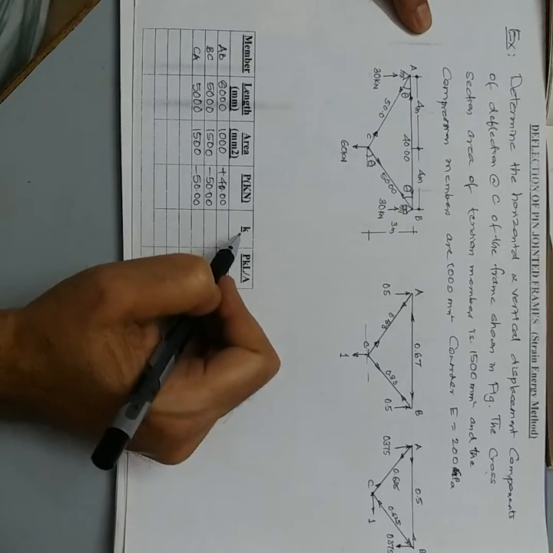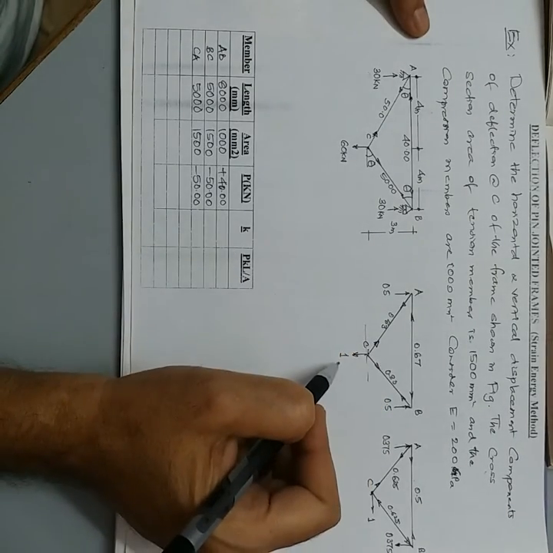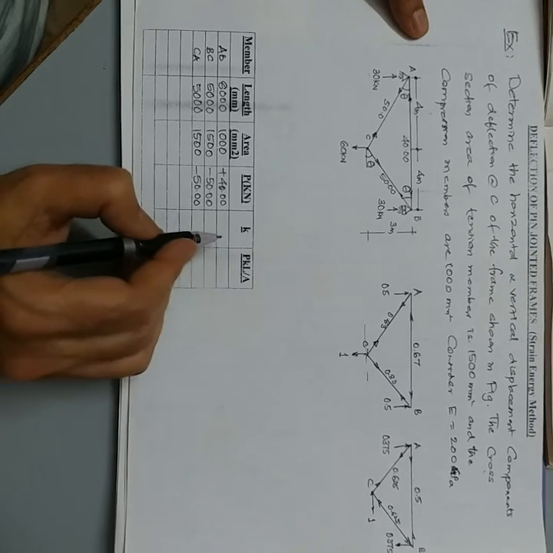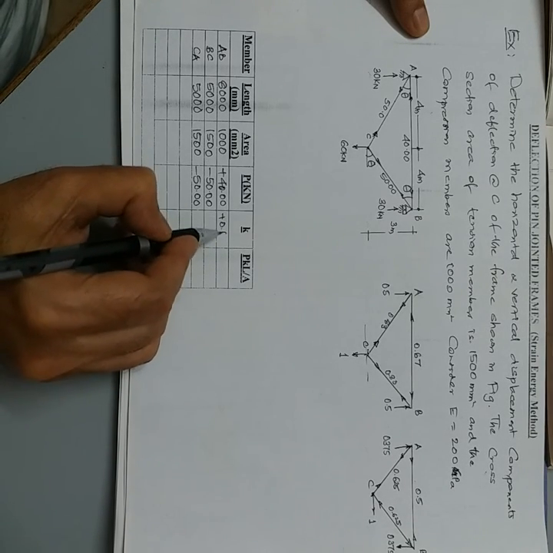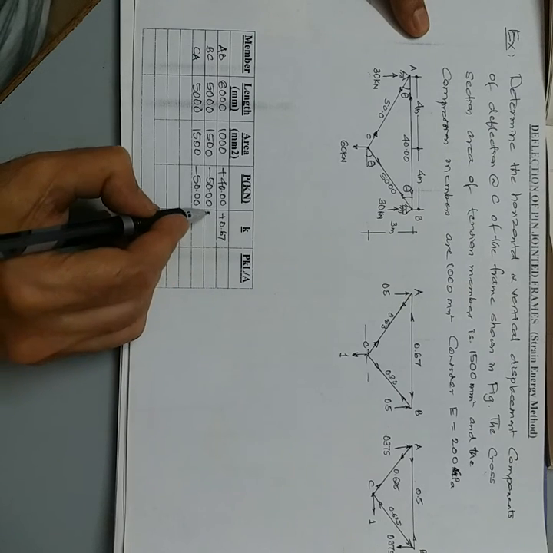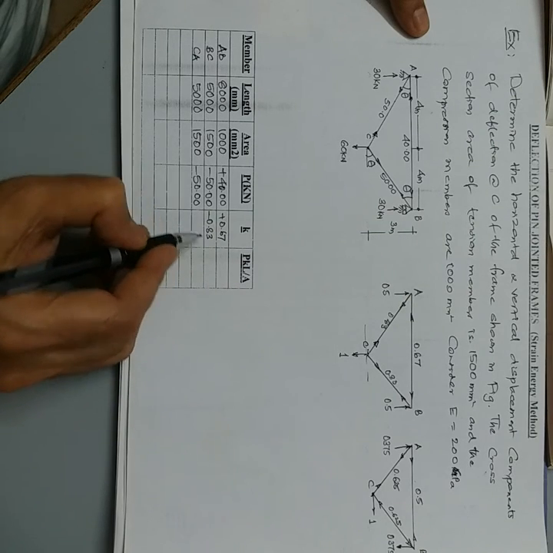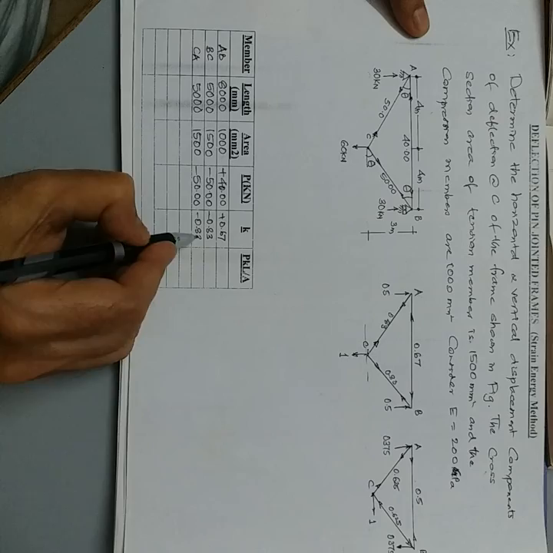Then K is due to vertical unit load, AB will be plus 0.67 and this is minus 0.83 and this is minus 0.83.